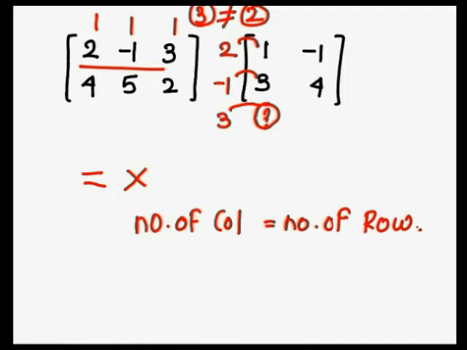So hope you understand what is matrix multiplication, what is the effect of change of order in matrix multiplication, and why the matrix multiplication is not possible. I guarantee that you get 100% knowledge about the matrix multiplication.